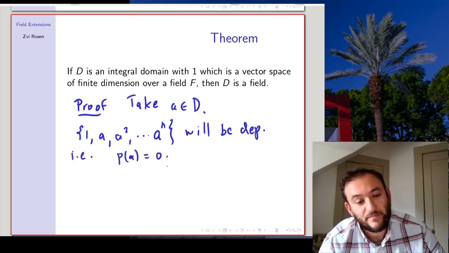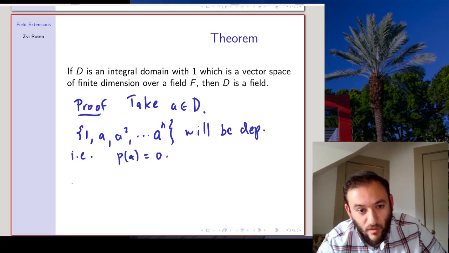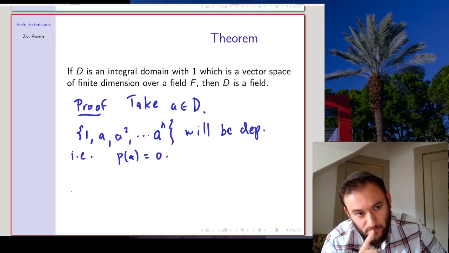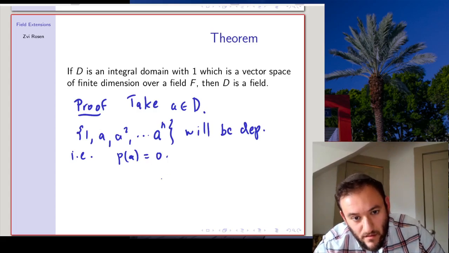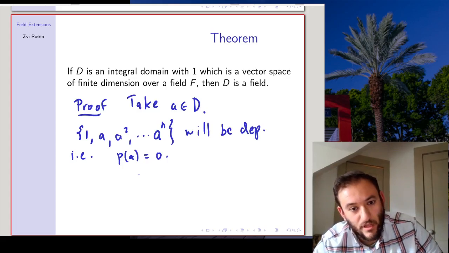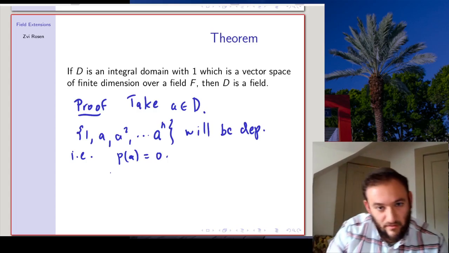But if we want to find a inverse, all we have to do at that point is take the lowest degree term here. So we know this is an integral domain.